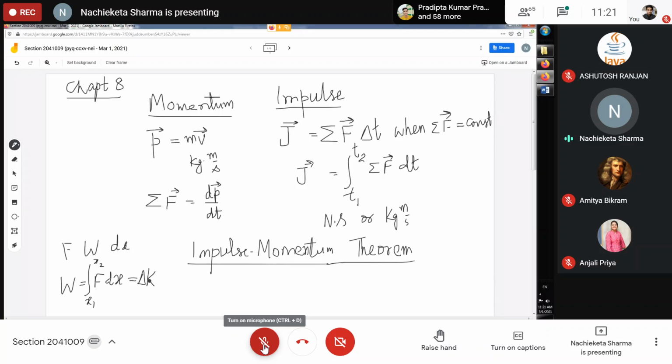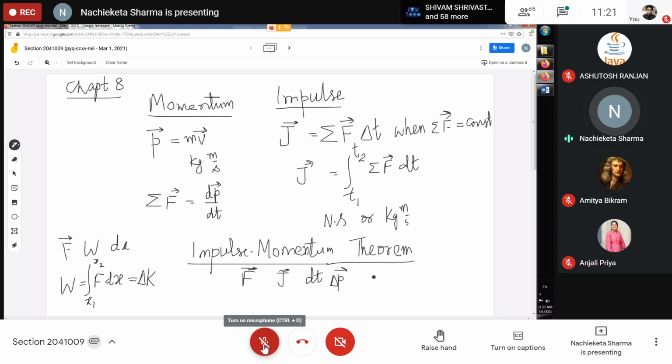Similarly, in the impulse momentum theorem, you have got force, you have got impulse, all are vector quantities. And in place of displacement you have got interval of time dt, and then change in momentum p, this is delta p, isn't it?